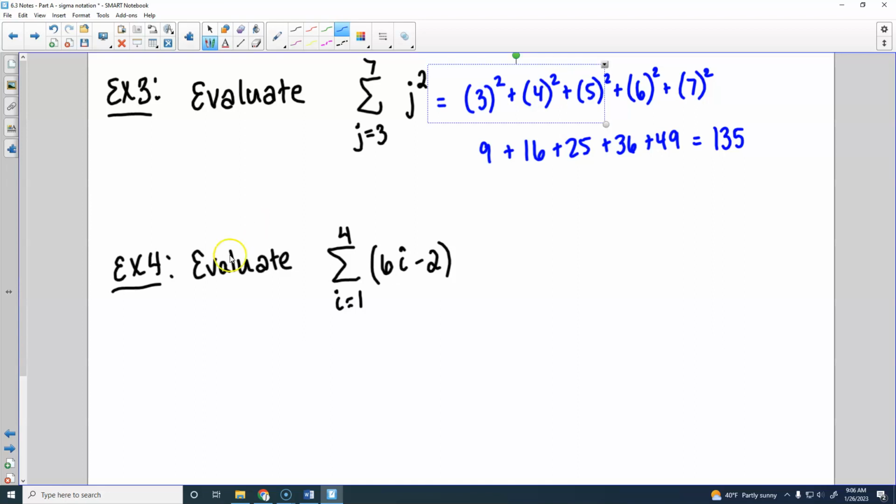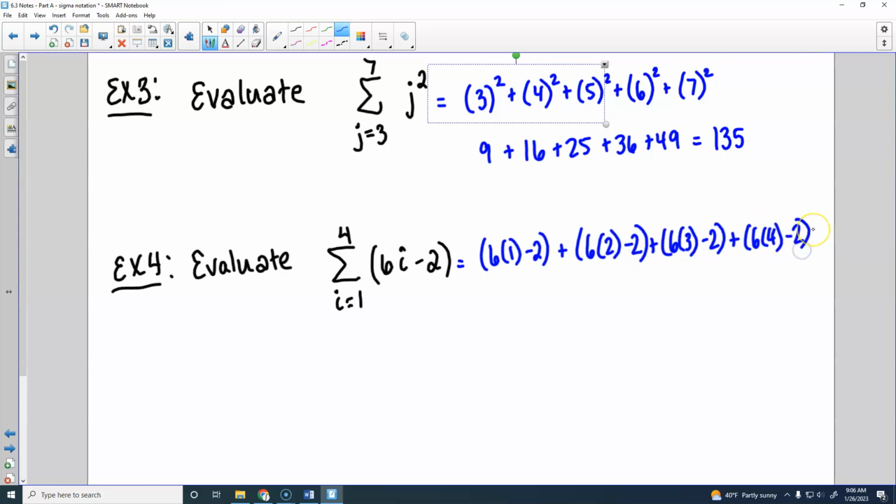Okay. So like if we have this one here, we're going from 1 to 4. Our formula is 6i minus 2. So we would have 6 times 1 minus 2 plus 6 times 2 minus 2 plus 6 times 3 minus 2 plus 6 times 4 minus 2.